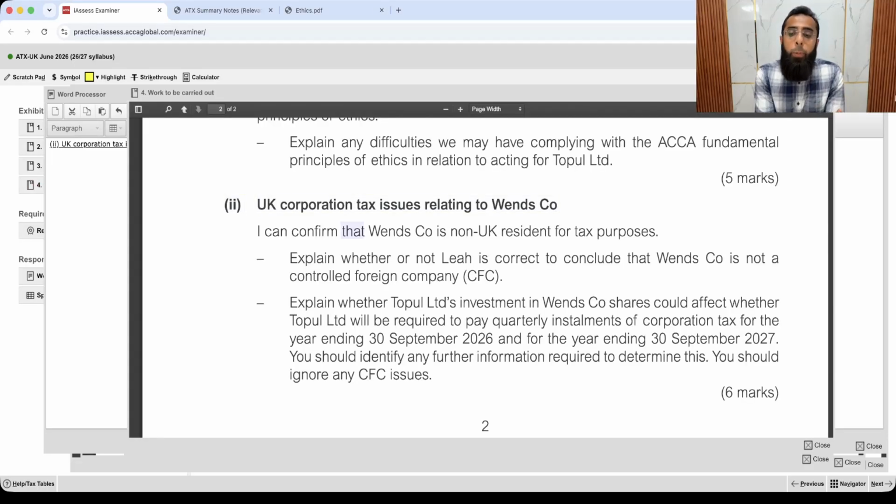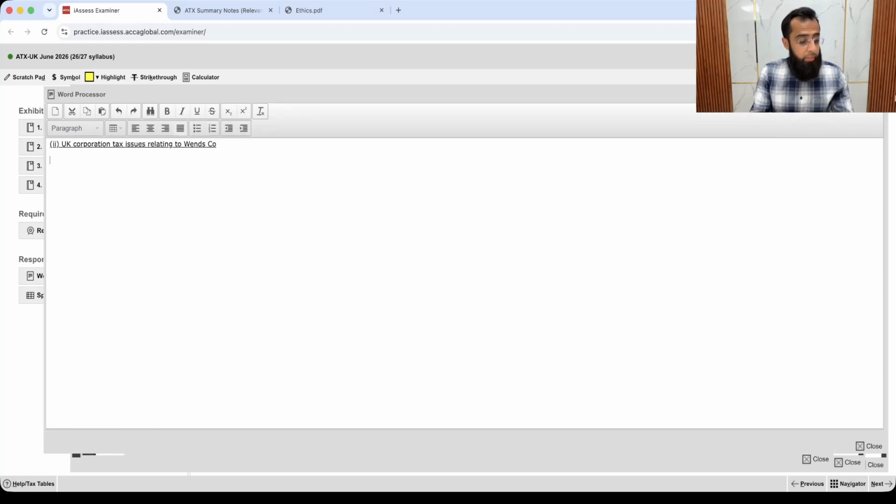I can confirm that Vents company is a non-resident company. Explain whether or not Lee is correct to conclude that Vents company is not a controlled foreign company. First of all, we have to talk about determination of controlled foreign company. So simple. Lee is wrong in concluding that Vents company is not a controlled foreign company.